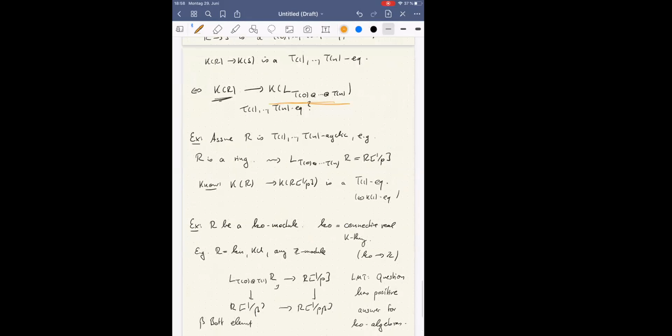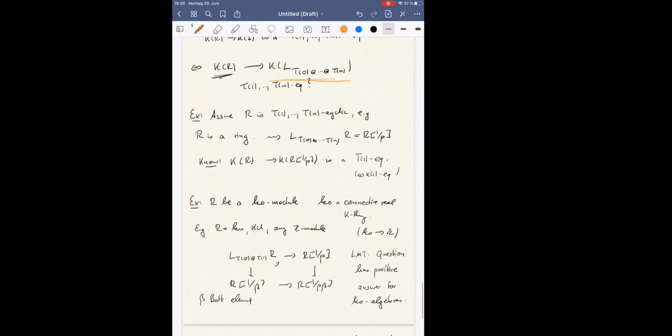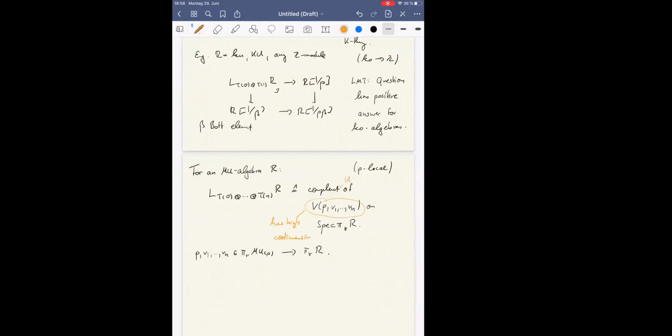So in this sense, let's call this thing U. One might say that we're asking whether the K-theory of R to the K-theory of U is an equivalence.